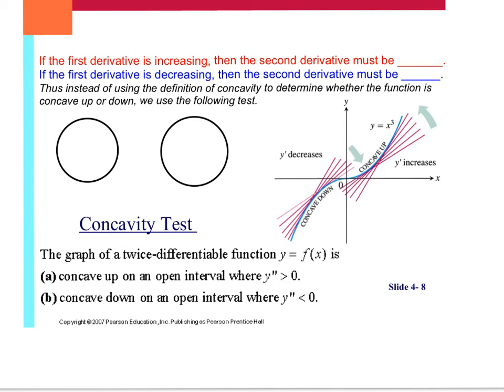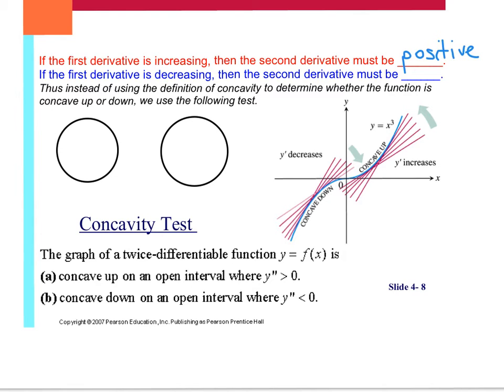Now let's talk a little bit more about this. So if the first derivative is increasing, then the second derivative must be what? That's right, positive. So everyone write in positive. Because just like a function, if a function's increasing, that means the velocity or the first derivative is positive.